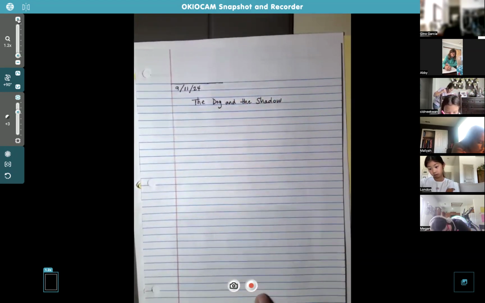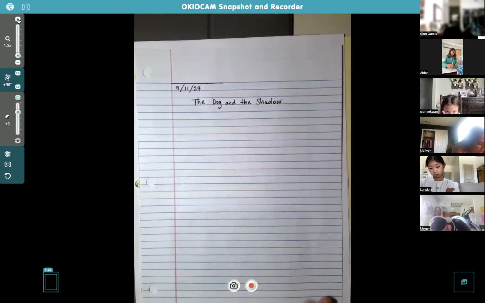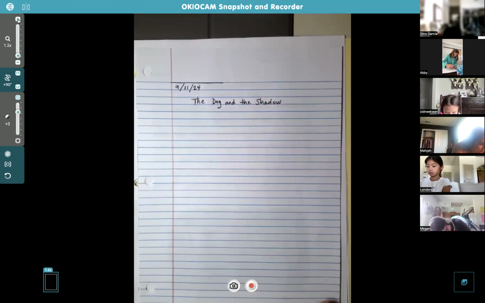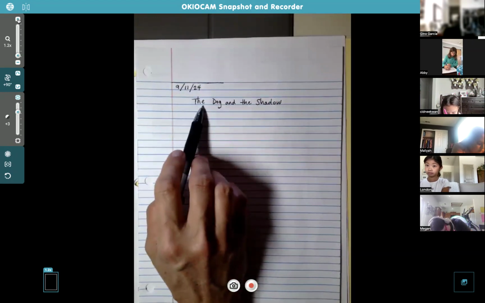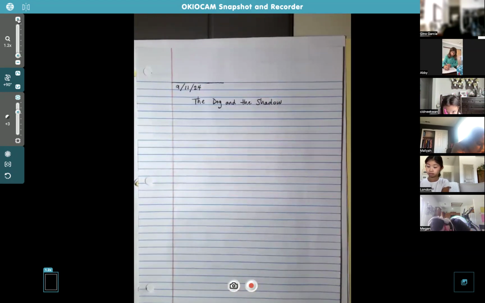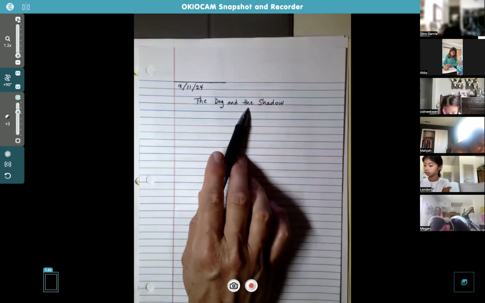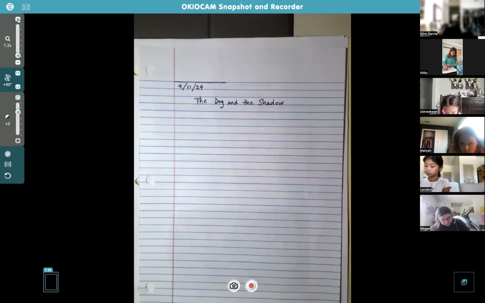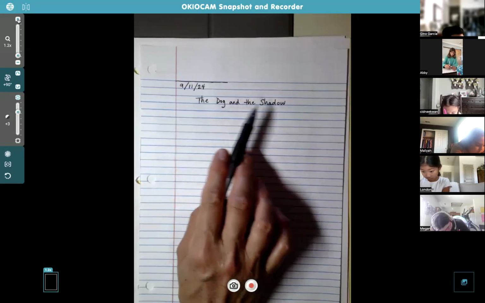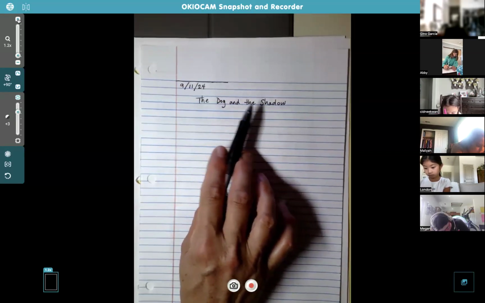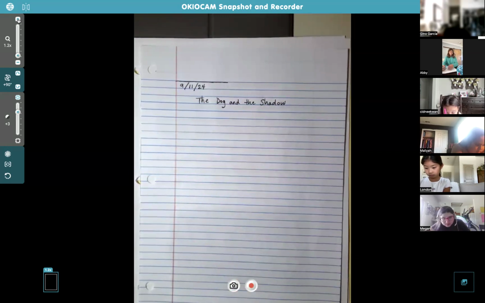And it does not have to be perfect, so don't worry about it. If you don't get it exactly in the middle, that's okay. Try to skip a line, the dog and the shadow. And notice and the don't have a capital. The first the does, the and dog does, and shadow does. But in the middle and the do not. So try to copy it like that, just like it is on your paper.